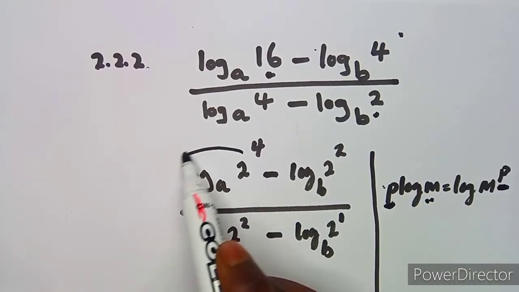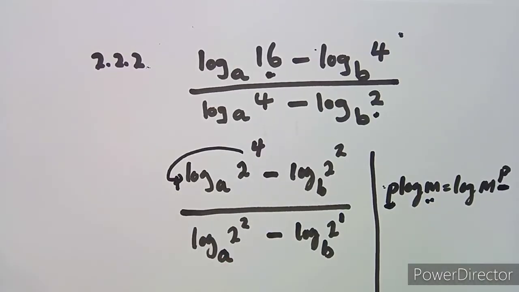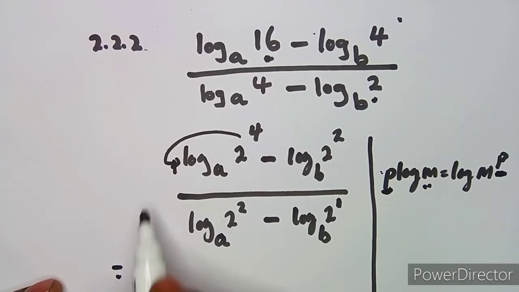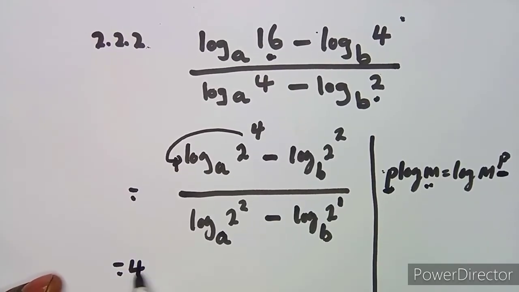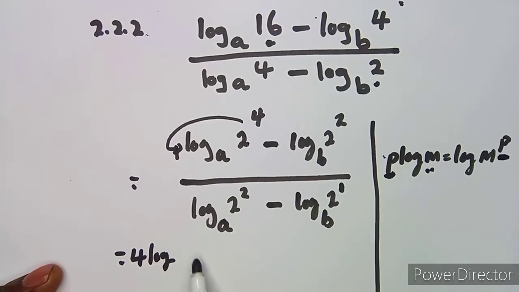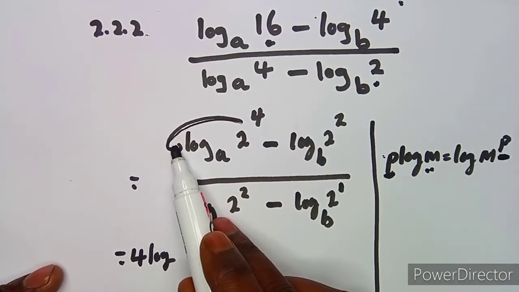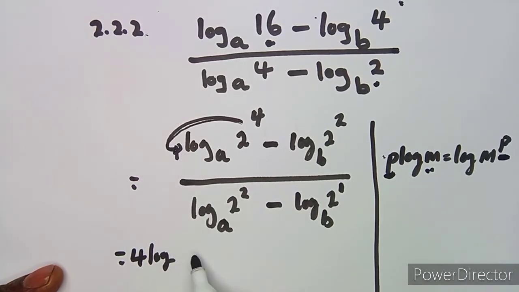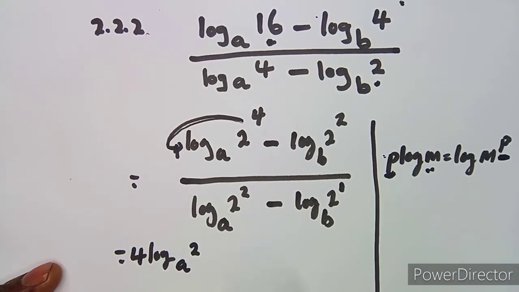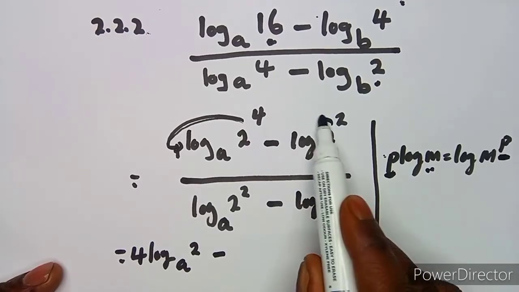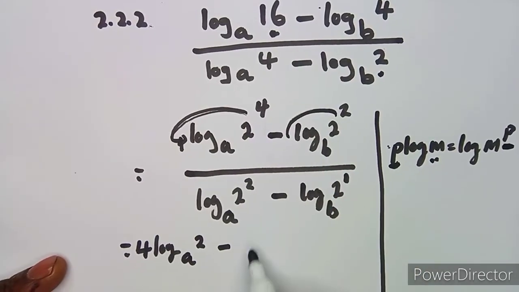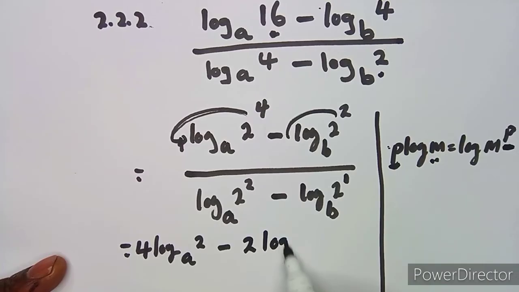So we can multiply by 4 to the log. It will be 4 log 2 base a, minus, if we drop this number here, 2 log 2 base b.